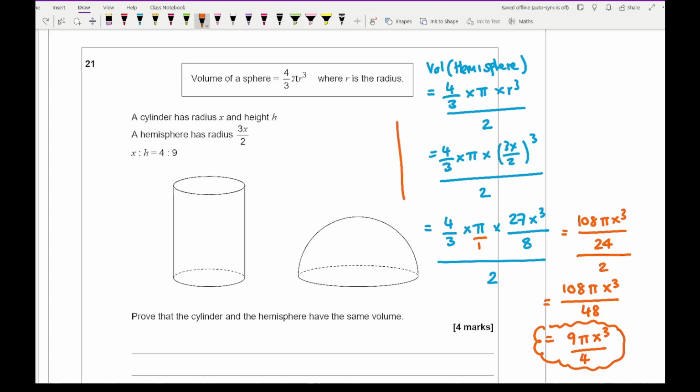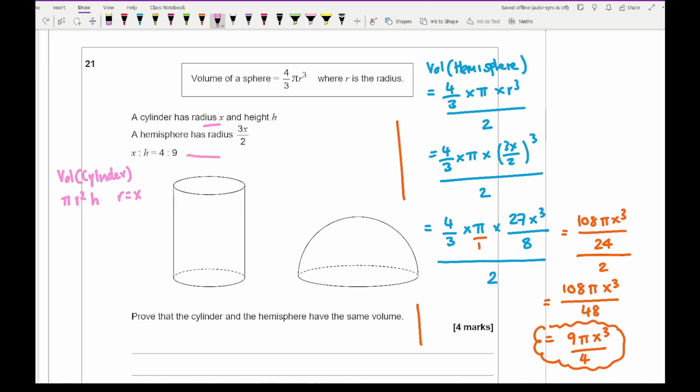Then moving on to the volume of the cylinder. To work out the volume of a cylinder, the formula is pi r squared times h. For this, I know that r equals x because it tells me so, but the next thing I need to do is work out what h is.